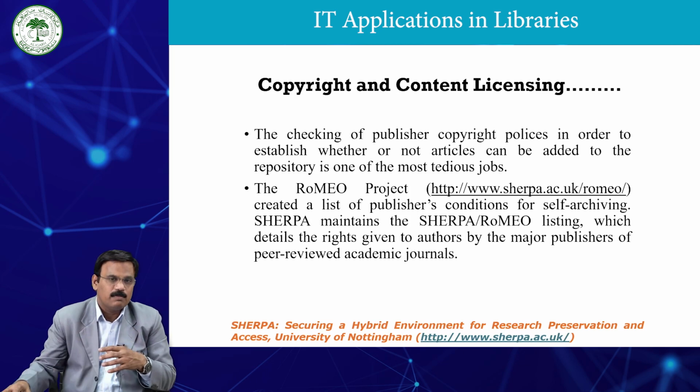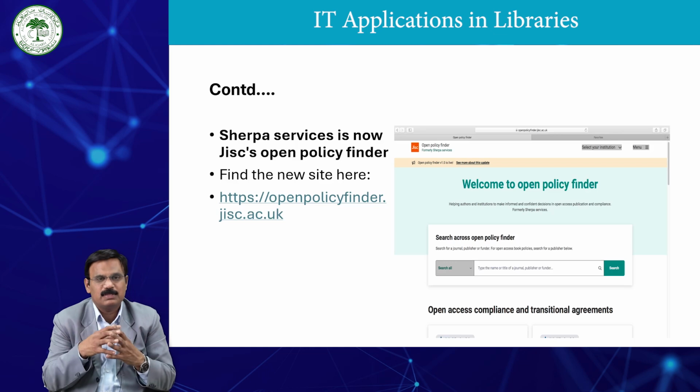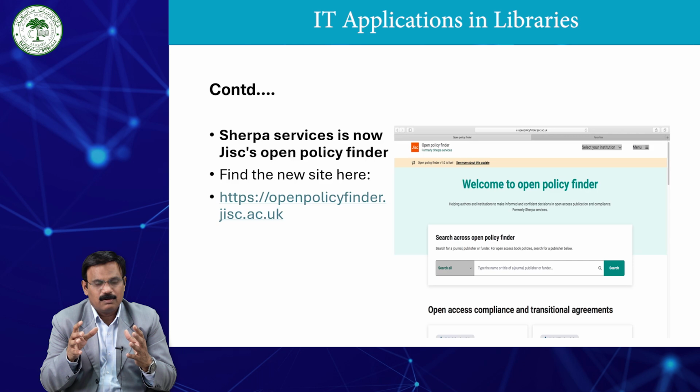You would find this at www.sherpa.ac.uk/Romeo. But now this platform has changed. The Sherpa services have now shifted to JISC's Open Policy Finder. At openpolicyfinder.jisc.ac.uk, you will find the website where you can check whether your journal allows posting the articles in your digital repositories or not.